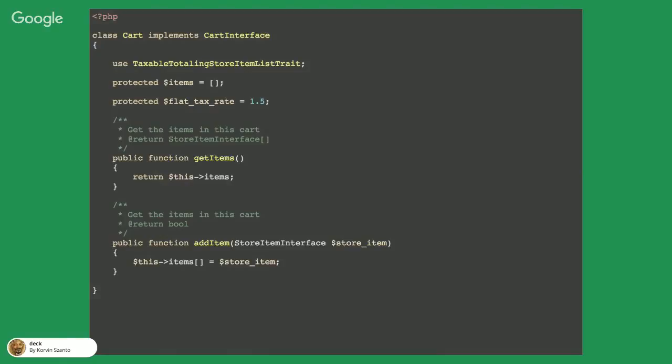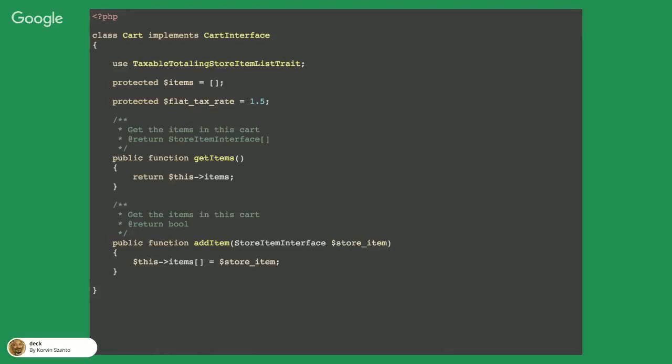That defines the get total on the cart for us, so that we can manage taxing, we can manage totaling a cart. So we say that it uses this taxable totaling store item list trait, and all of our stuff is done. We're pretty much done. All we have to do is implement the get items and add items functions.